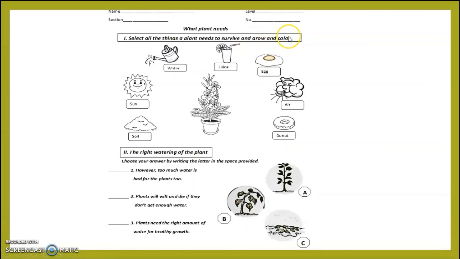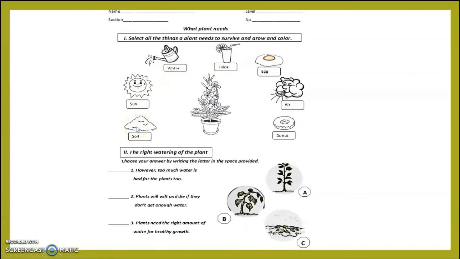Then, color. For example, this is the plant. What does the plant need? You can choose here. Is it egg, air, donut, juice, water, sun, soil? Which one of these does the plant need?